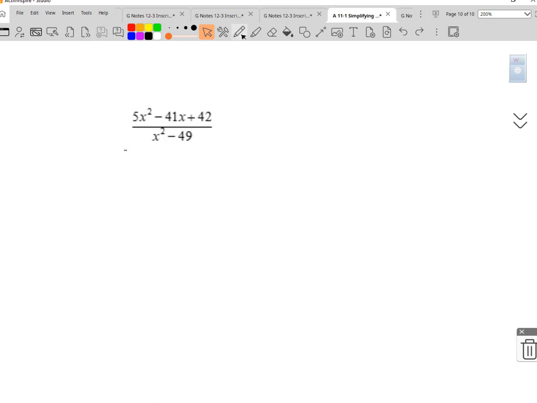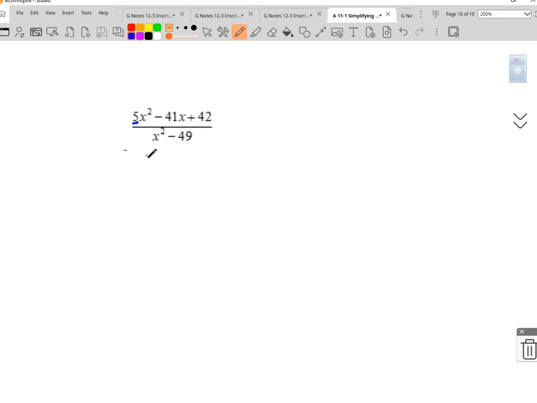All right, I'm not sure we have enough time, but we'll get it started. So, we're simplifying and stating any excluded values. We're going to factor the numerator. Now, this has an a greater than 1, so this is when we're going to have to split the middle term and then factor by grouping.